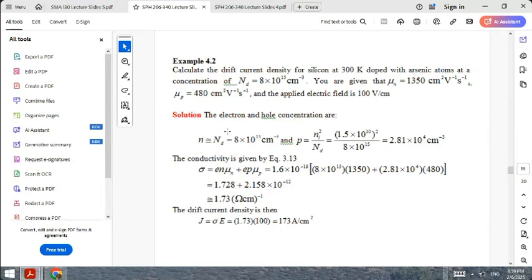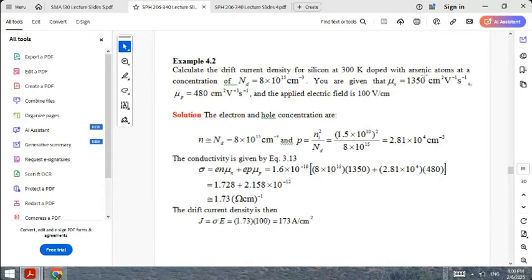Mu p is 480 centimeter squared per volt second, and the applied electric field is 100 V per centimeter.